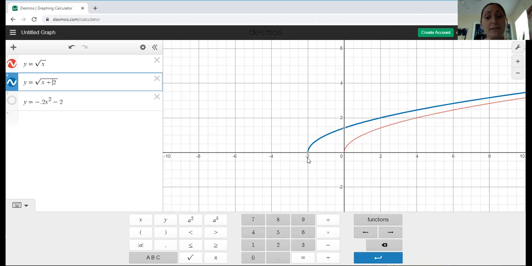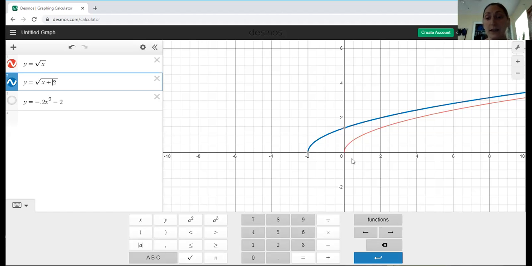So if I plug in the value of negative 2 into this equation, I now have negative 2 plus 2. Negative 2 plus 2 is 0, and the square root of 0 is 0. So we have the point negative 2, 0. Input negative 2, output 0.